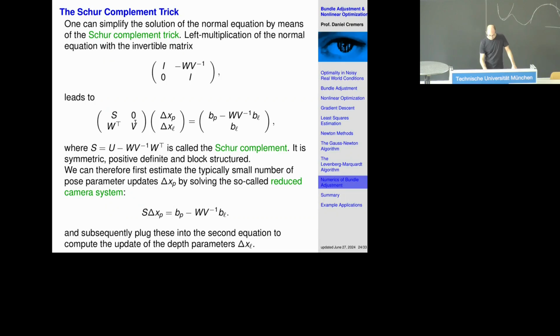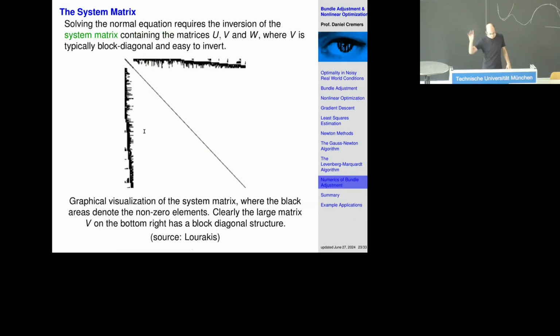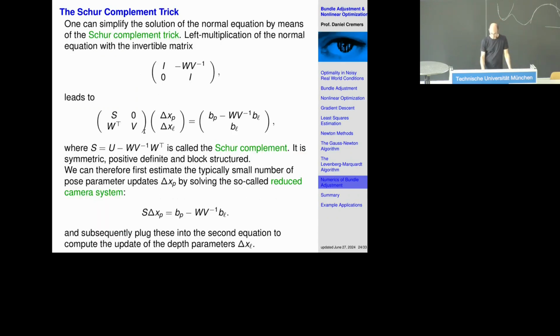And in fact, this basically means that we have to invert the matrix V. And remember, V is big, but it's essentially diagonal, so it's easy to invert. So we can back substitute the solution for delta xp that we get from the first equation into the second one. We know delta xp. We can bring that to the right-hand side, and what we have is V times delta xl is something on the right-hand side. And so delta xl is just V inverse times whatever that is on the right-hand side.